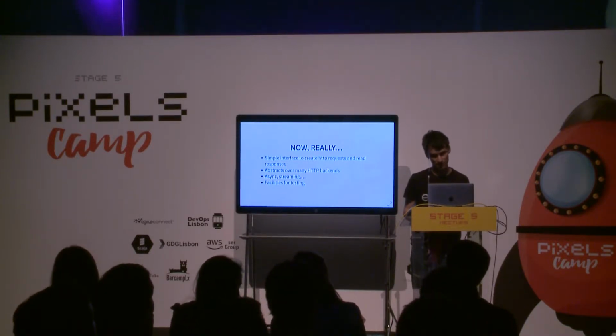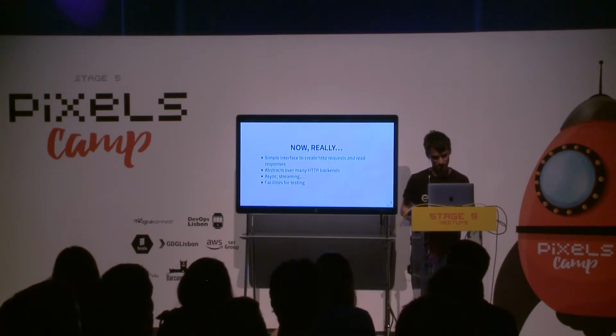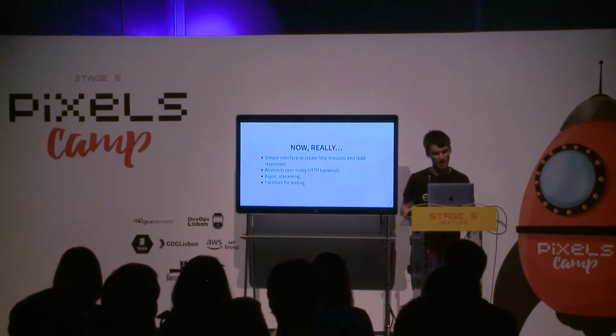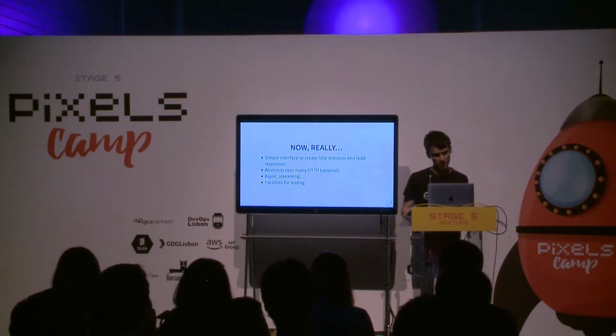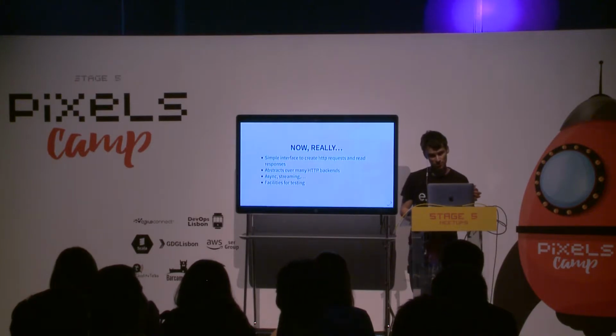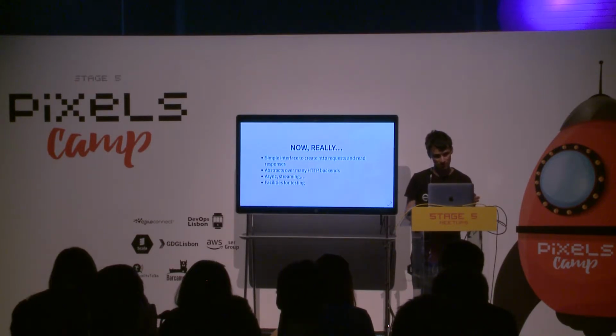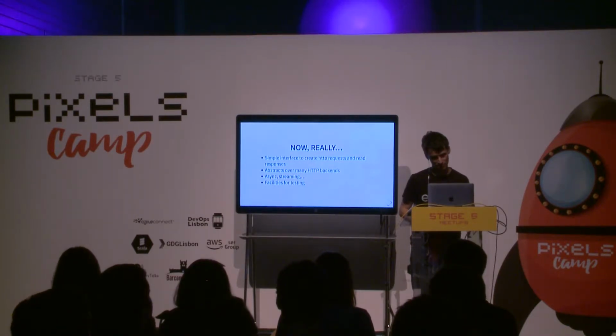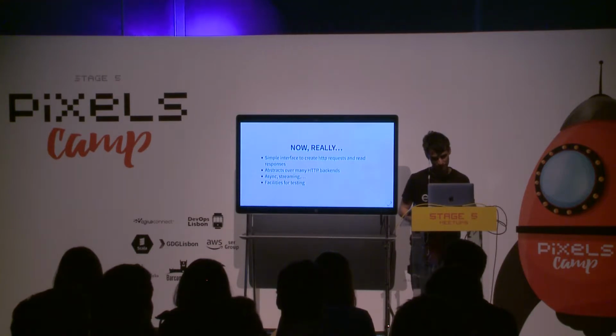Lots of backends, not just for Scala, even for Scala.js, even Scala Native, as you will see later on. STTP supports streaming responses and requests, actually. It supports some facilities for testing, actually pretty simple but effective, as you will see.